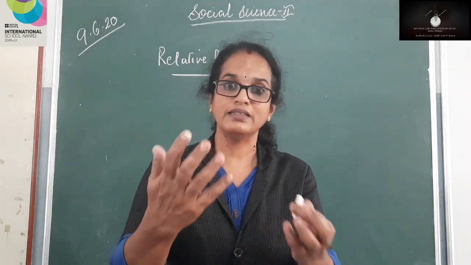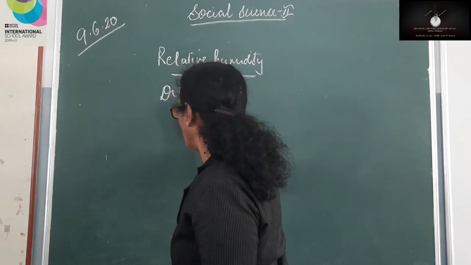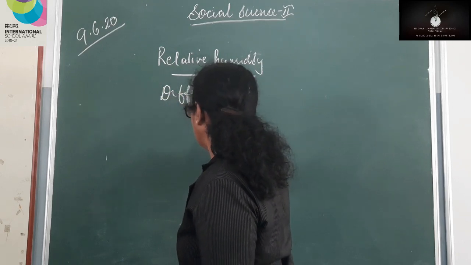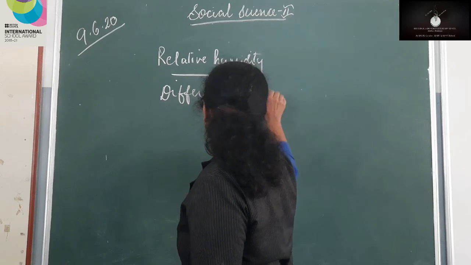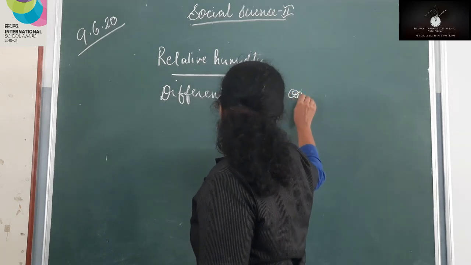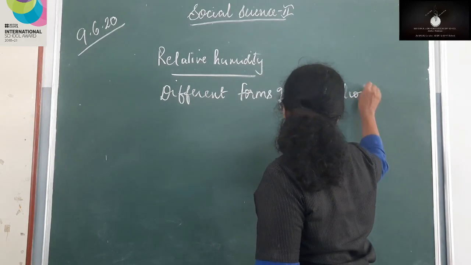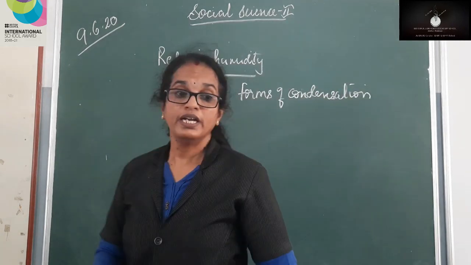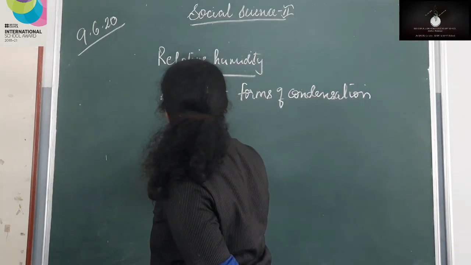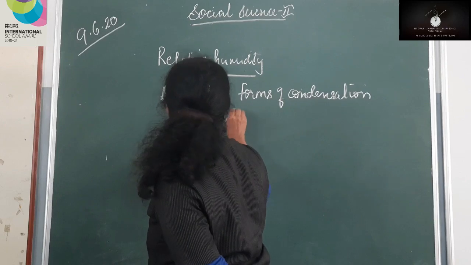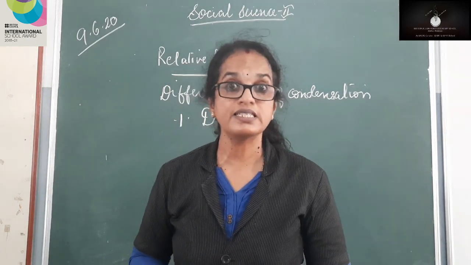Let us see the different forms of condensation. There are 4 different forms of condensation. The first one is dew. The first form of condensation is dew.